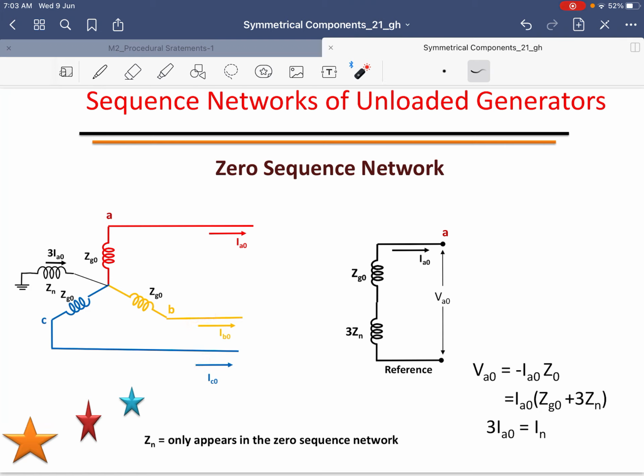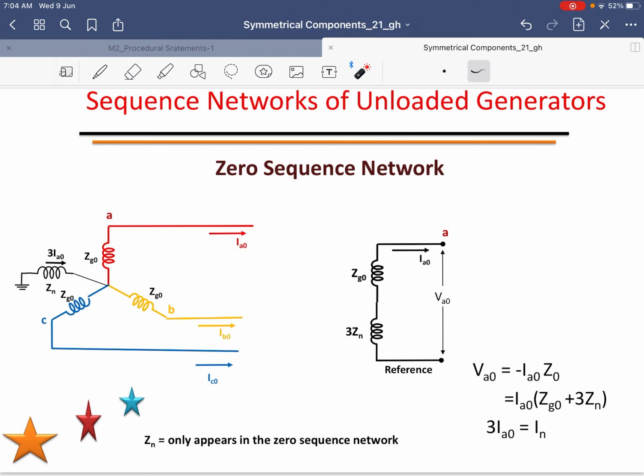They are all in the same phase in the case of the zero sequence network. The impedance offered to these currents IA0, IB0 and IC0 in the three phases, I am calling ZG0, ZG0 and ZG0. Once again, the system is balanced, therefore it can be drawn on a per phase basis.